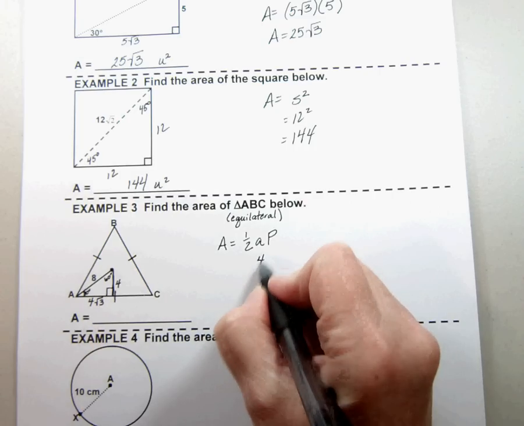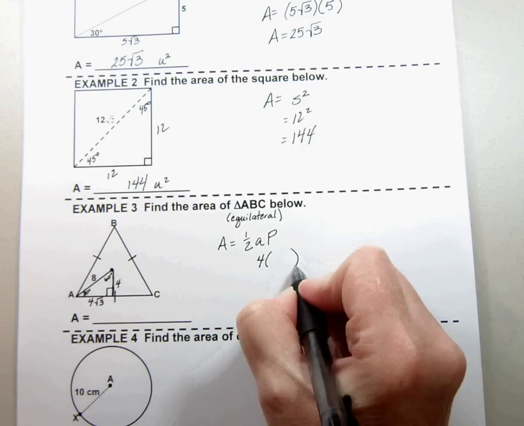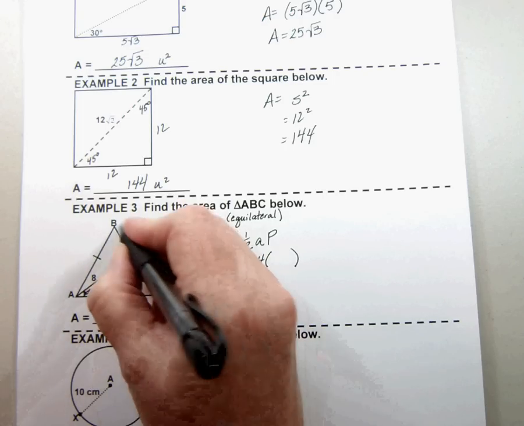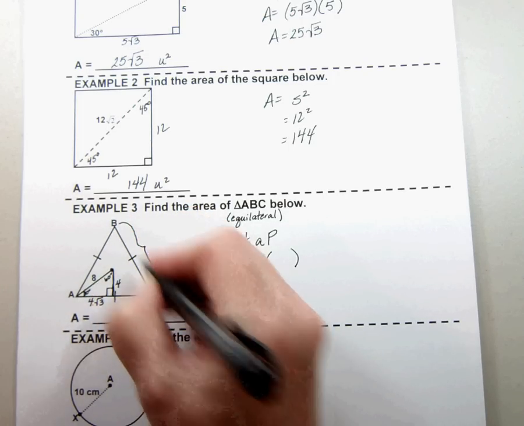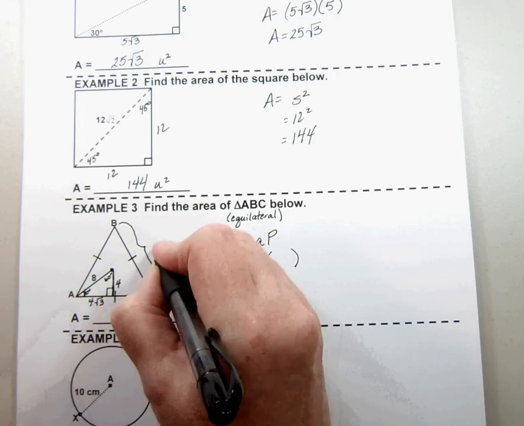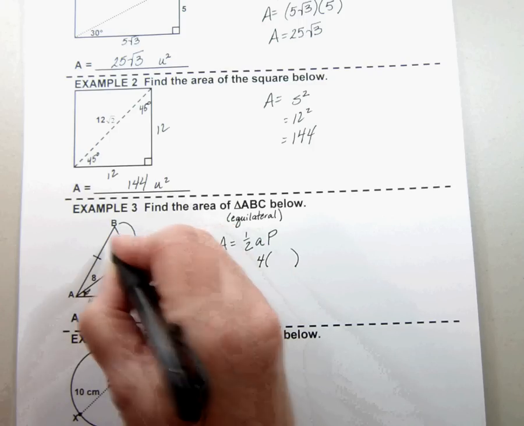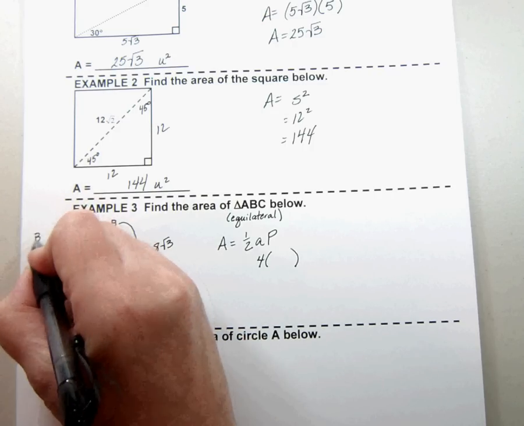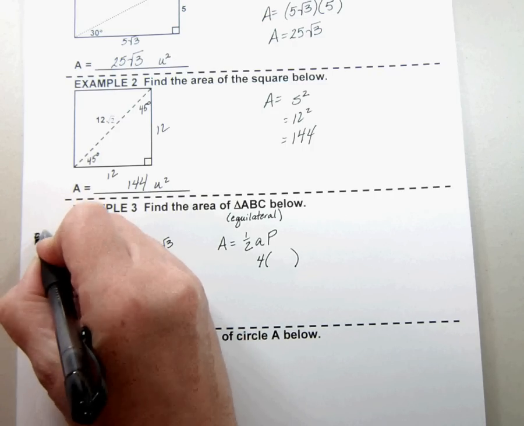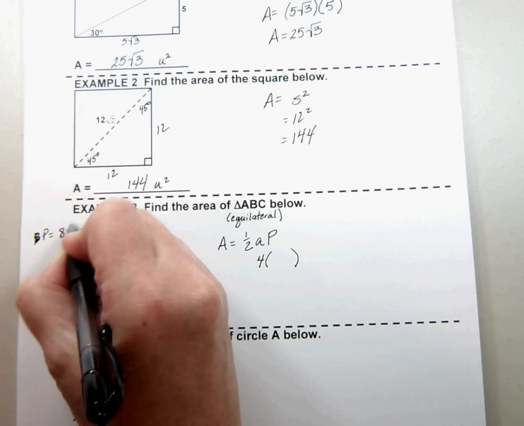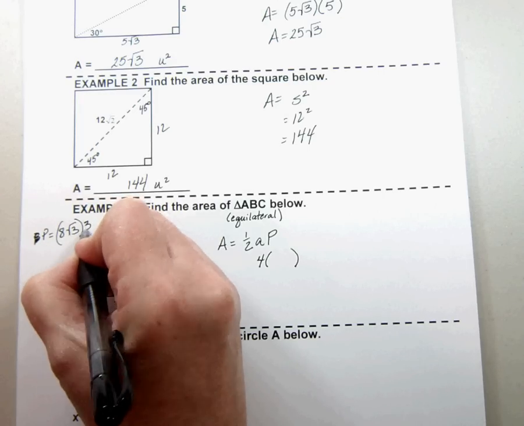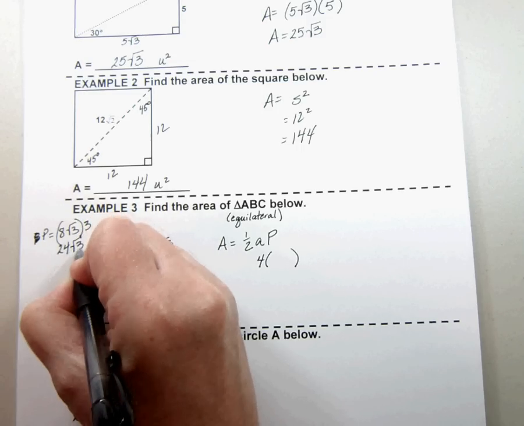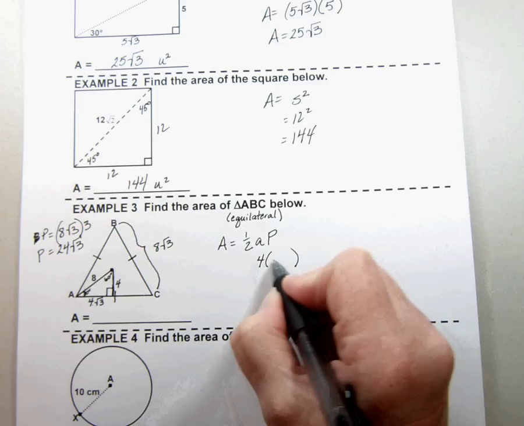So we have the apothem. Now the perimeter of this one would be taking this 4 root 3, doubling it, so any length that goes around would be 8 times the square root of 3. Your perimeter is 8 times the square root of 3, but you have 3 equal sides, so that's going to give you 24 times the square root of 3. So that's what we're going to use for our perimeter.